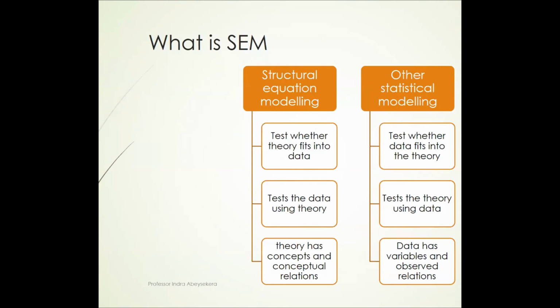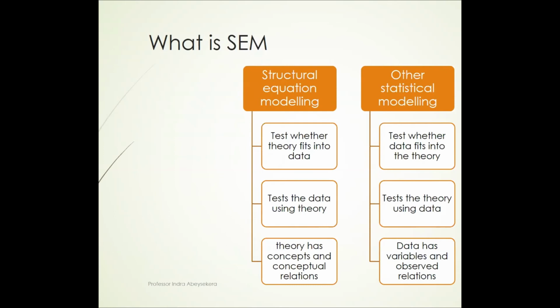First we start, and the theory has these concepts and various conceptual relationships, whereas in data we are trying to look at the variables, then look at the observations and measure the observations.